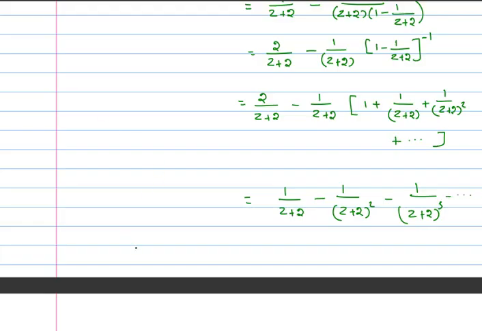This is the Laurent series for |z+2| greater than 1 in this region, for z divided by (z+1)(z+2).